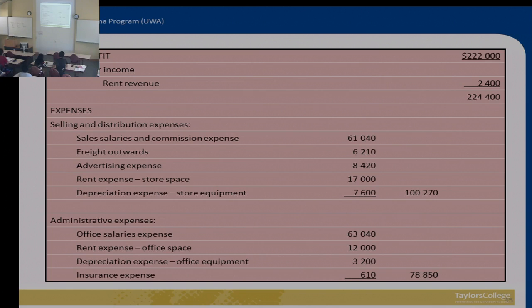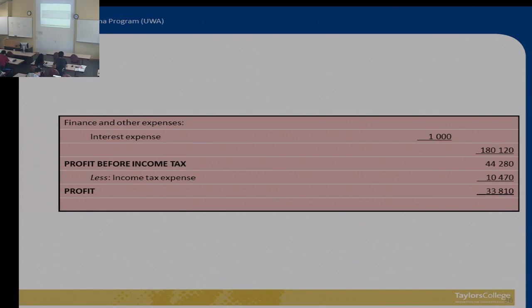Insurance expense, you could be insuring your inventory, so it could be a selling expense here. It depends what you're insuring, where that expense would go. If it's a general insurance, you'd normally put it into administrative expenses. Okay, and the last one, finance expenses are normally just things like interest. That's a cost of finance, so it's a finance expense here.